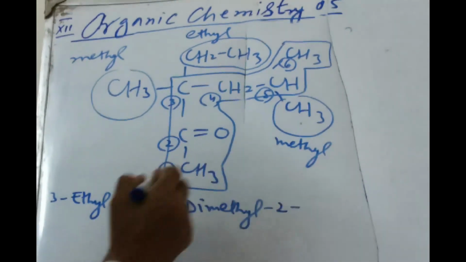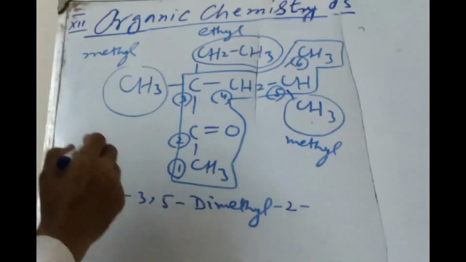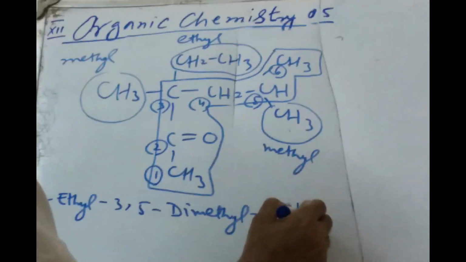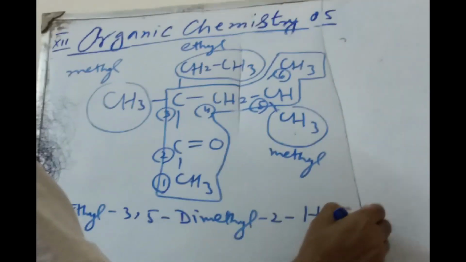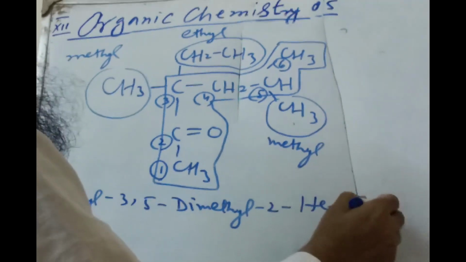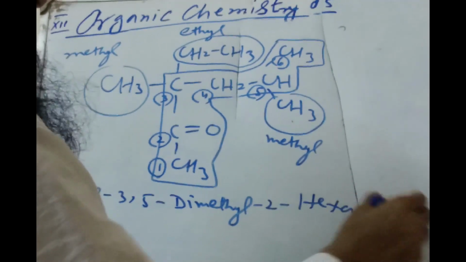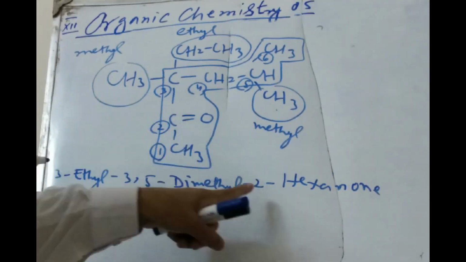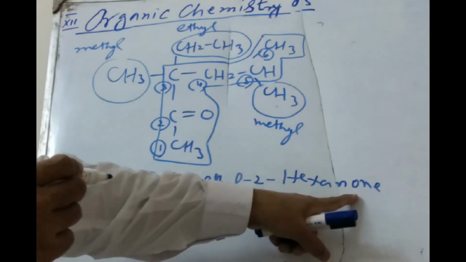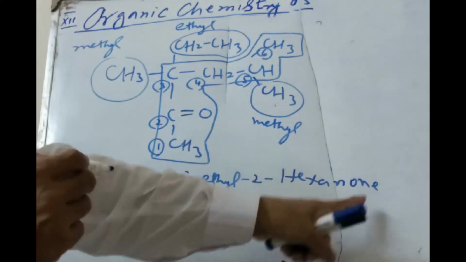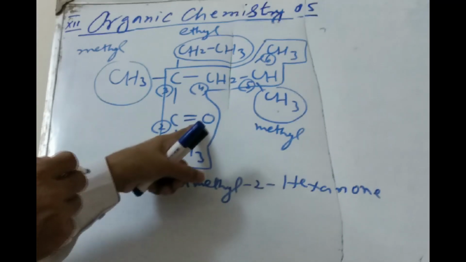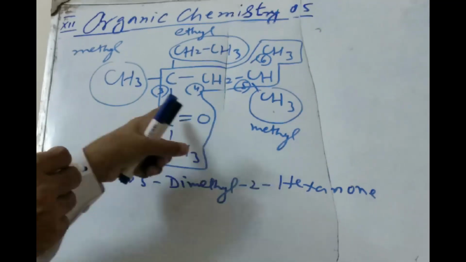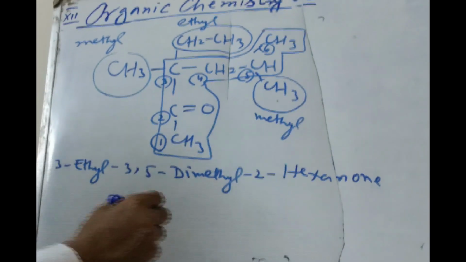So this is the 2, and the parent chain is 6, that is hexane, hexanone. So 2 hexanone, where E is replaced by ONE. This 2 represents the position of this ketone. So CO is the keto group. Now consider another example.